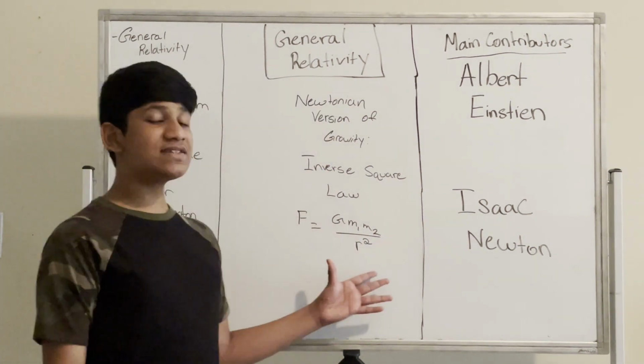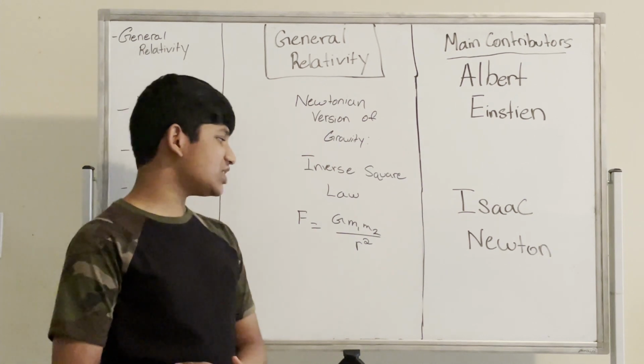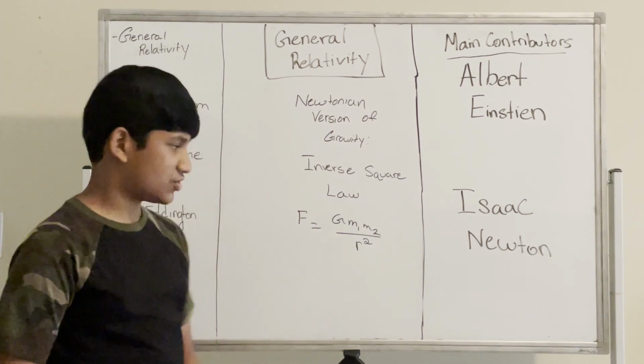Okay, so this is the inverse square law over here: F is equal to G times M1 times M2 all over R squared.